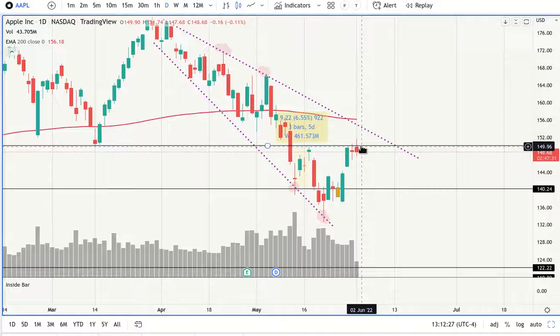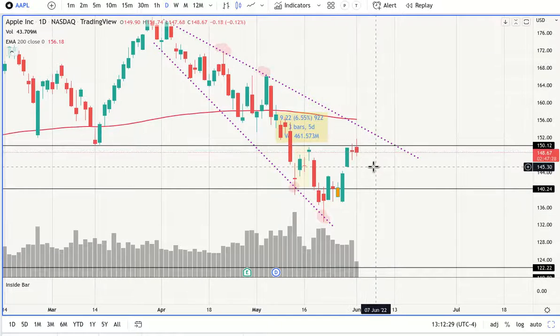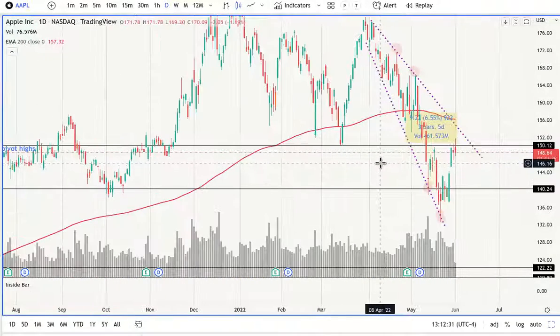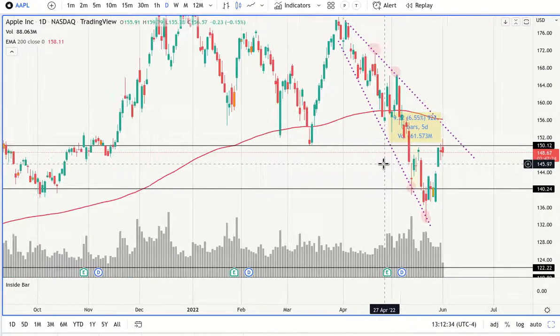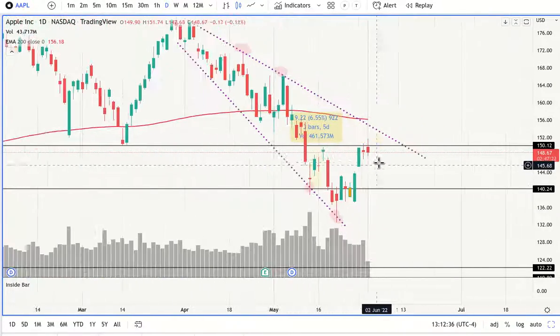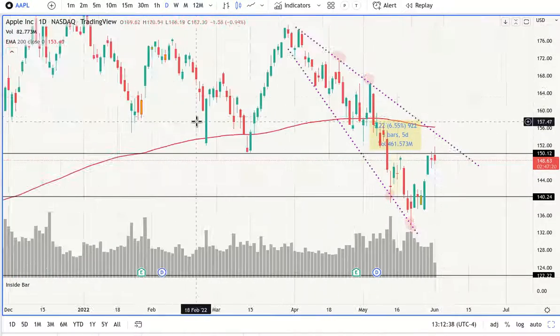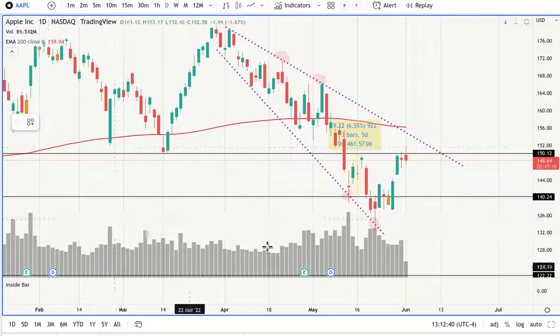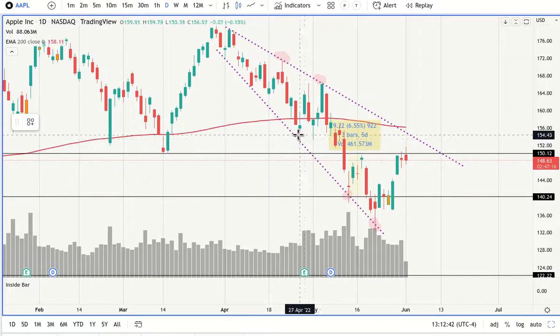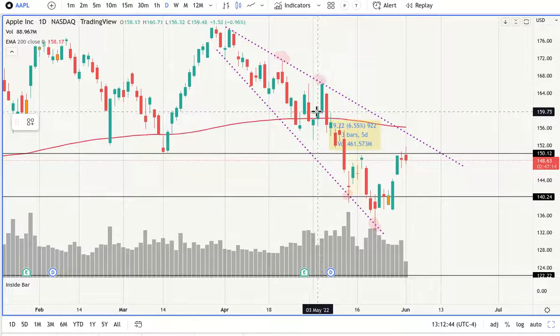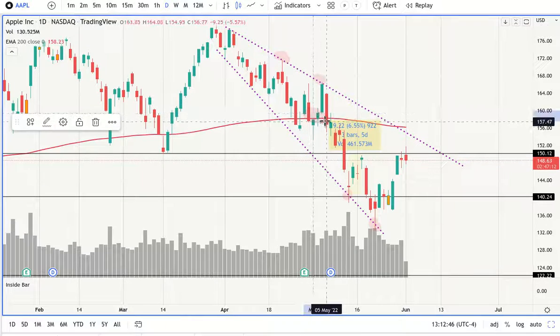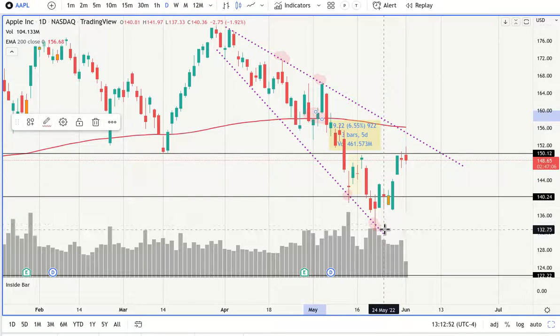The 150 level price mark is a well-known historical support. It's actually a price pivot for Apple stock, and we gotta watch it. And there is another weakness sign, which is closing below the 200 moving average on the daily chart. Once we closed below it, the stock went all the way to 130.